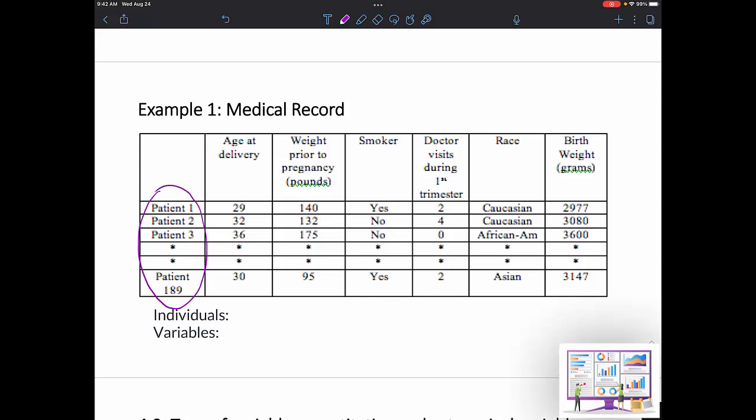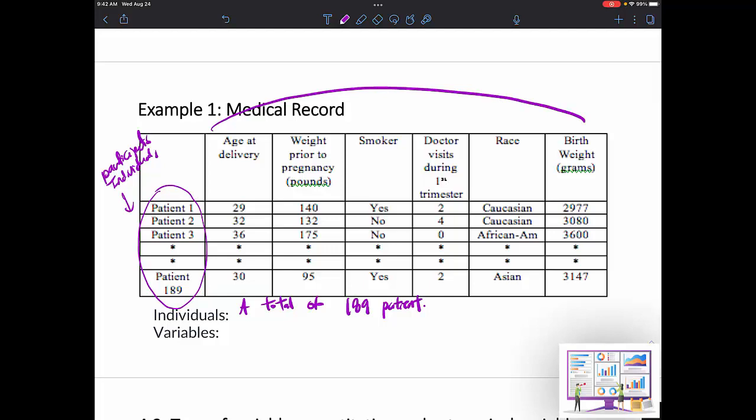So it looks like these are my participants. Don't you think so? These are my individuals, which means we collect the items from them. So I will say a total of 189 patients, specifically, are my individuals who give us this information.